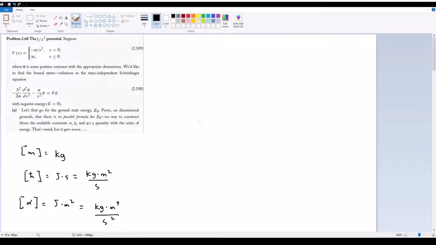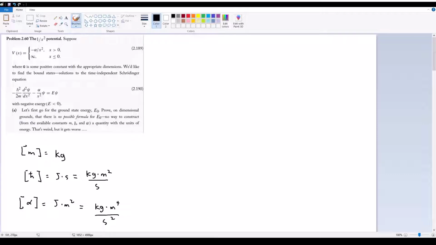So what do we mean by prove on dimensional grounds? Well, the thing we have to recognize is that in any sort of equation, constants don't interact mathematically at all. They just stay on their own, isolated on one side, and eventually they get carried over to whatever other function we do.